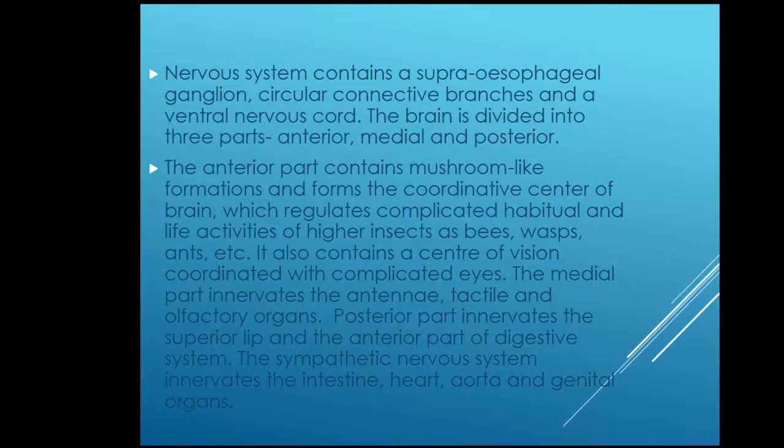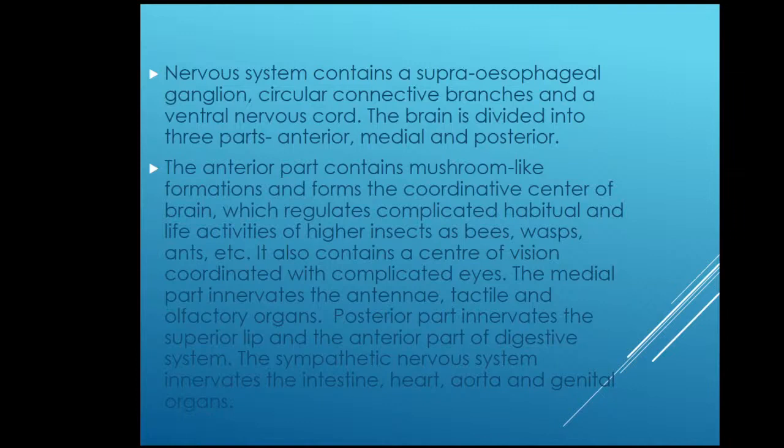The nervous system of Insecta contains a supraesophageal ganglion, circumesophageal connectives, and a ventral nerve cord. The brain of Insecta is divided into three parts: anterior, medial, and posterior.